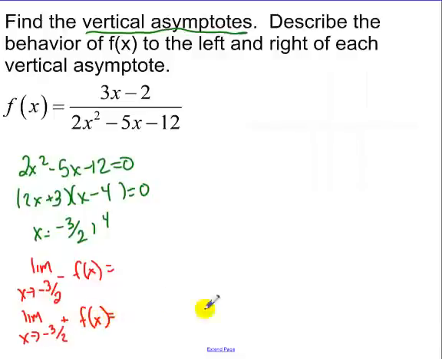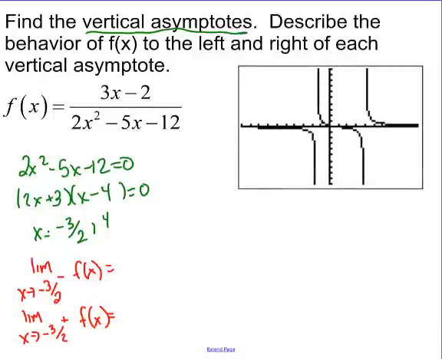Now, I have a graph of the function to help us out with that. Numbers a little bit less, it looks like we're going to negative infinity. Numbers a little bit more, going to positive infinity.